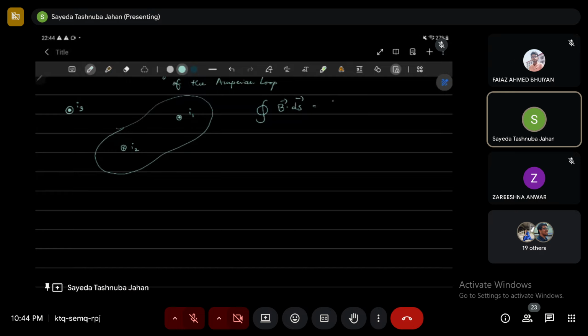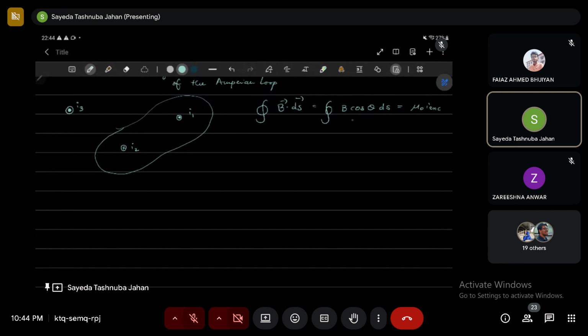And আমি জানি এই ডট প্রোডাক্টকে আমি লিখতে পারি as the following, right? Now on the other hand, আমার right hand side আছে which is going to be mu naught I enclosed. Okay, so if I want to use Ampere's law, I have to figure out this hand side and also this hand side.